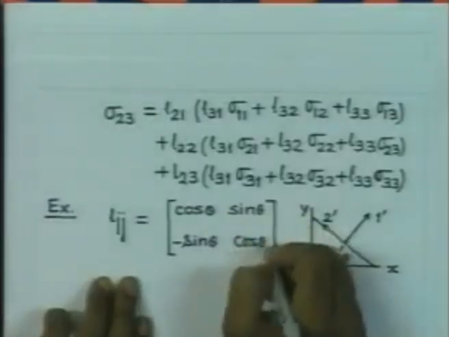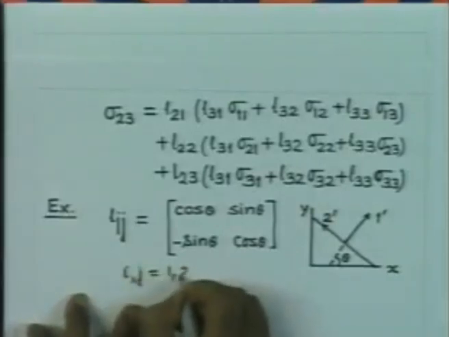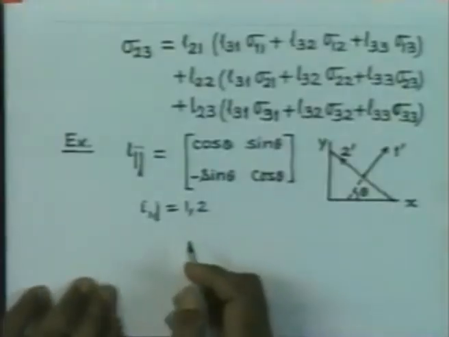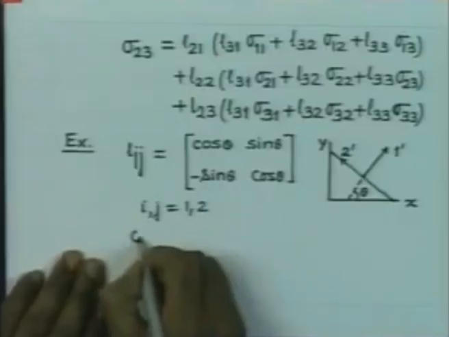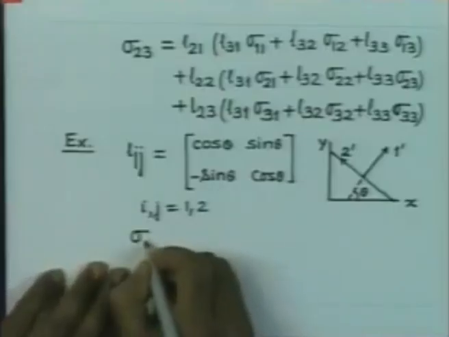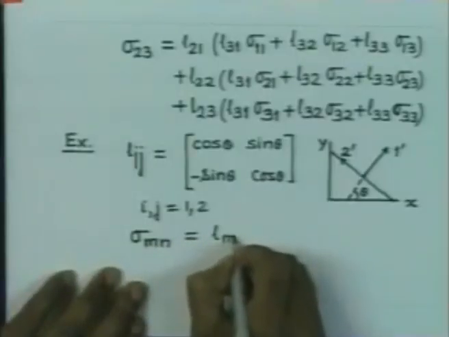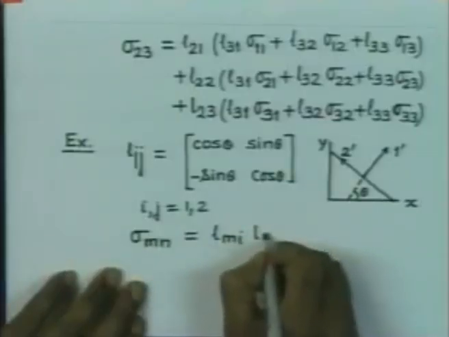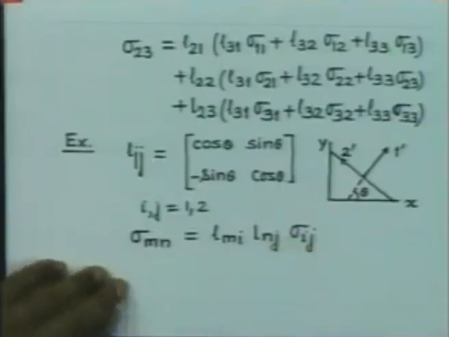Herein it is a 2 dimensional problem, so i and j take up values 1 to 2. Now, the transformation rule is going to be sigma mn is equal to L mi L nj sigma ij.